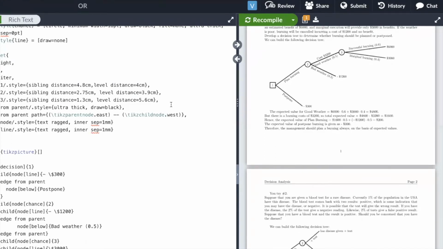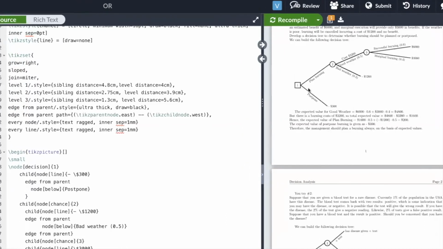And let me just show you how we can change the distance. So for example, the siblings on the first level, we only have one, those are those two siblings on the first level. So we can make the distance between them much smaller.